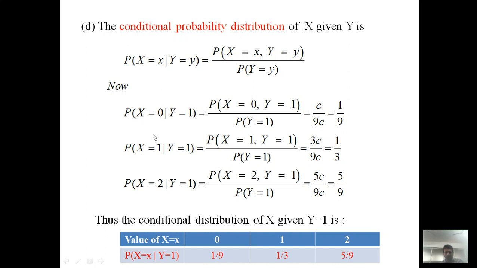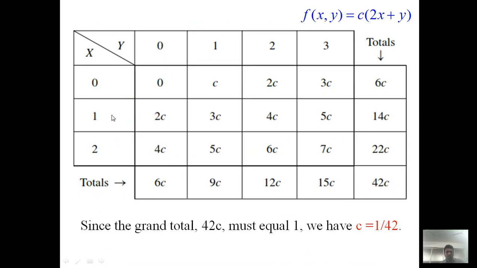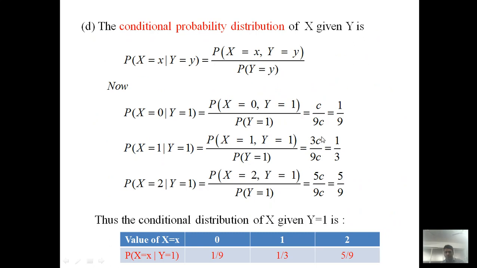Similarly, the conditional probability at x is 1 given y is equal to 1. According to this formula, x and y both are 1, and the denominator is probability of y equal to 1, which is 9c. Now we check the joint probability distribution when x and y both are 1. It takes the value 3c. So 3c upon 9c, c cancels out, and simplifying gives 1 by 3.